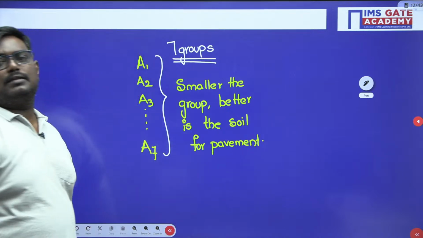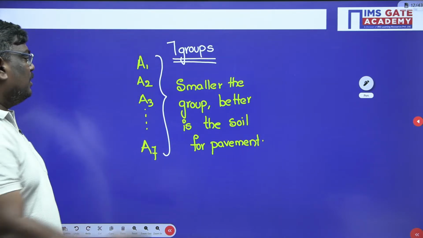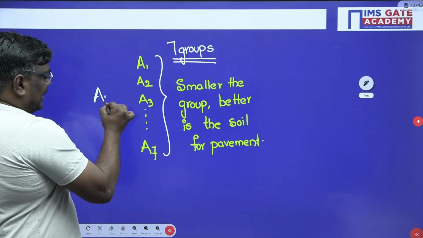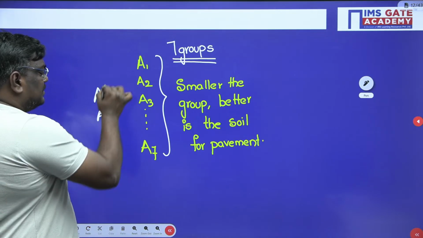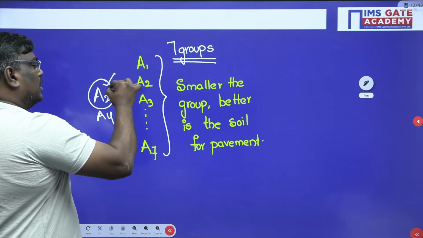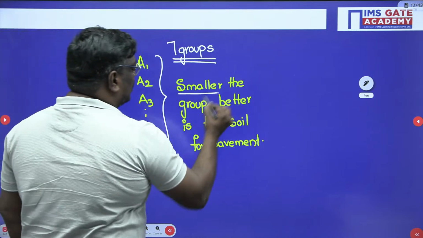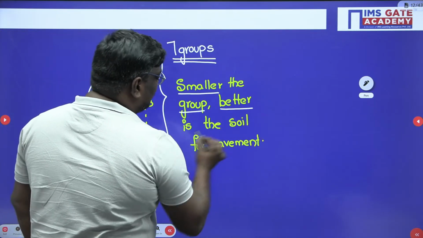Now see, if you consider A1 or suppose A2 and A4, which is the best soil? A2 is the best soil, because they have told that smaller the group, better is the soil.